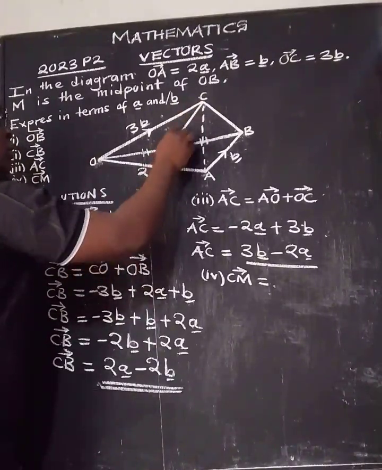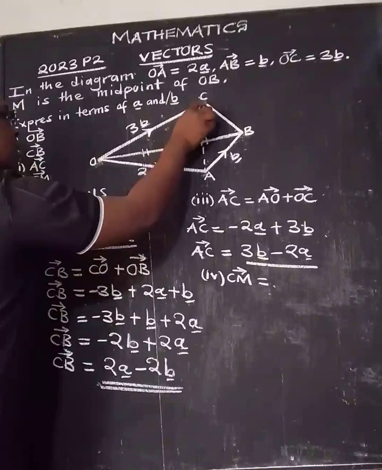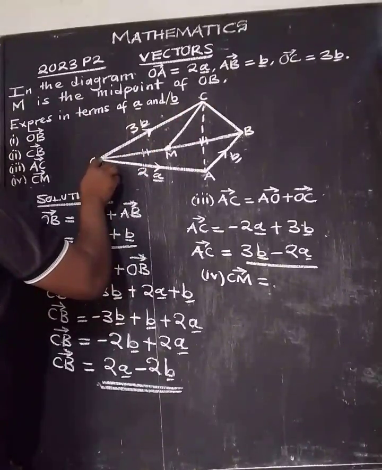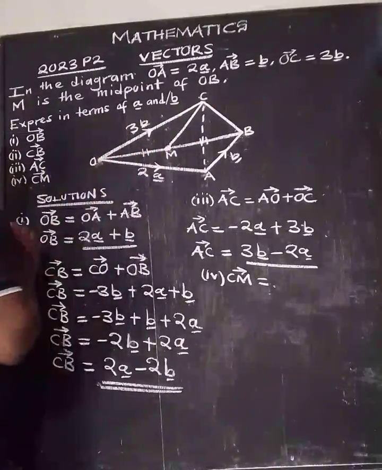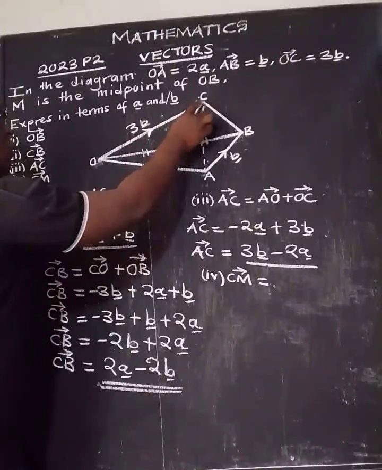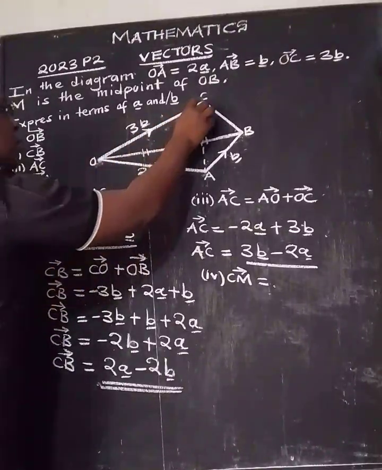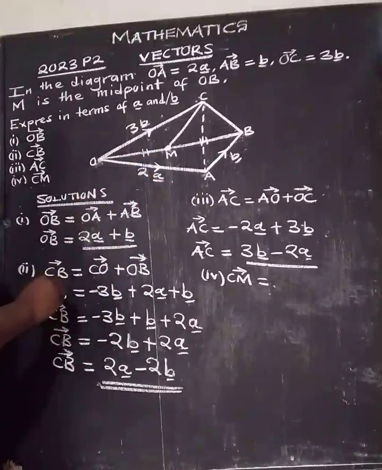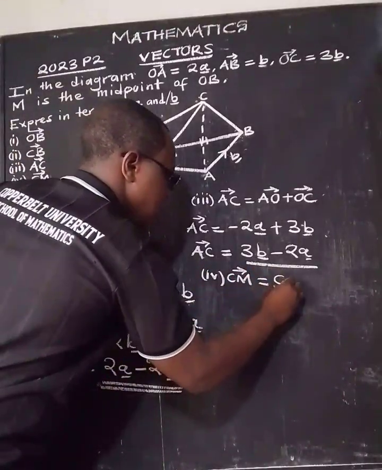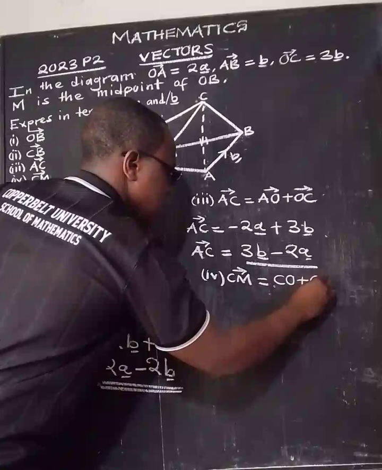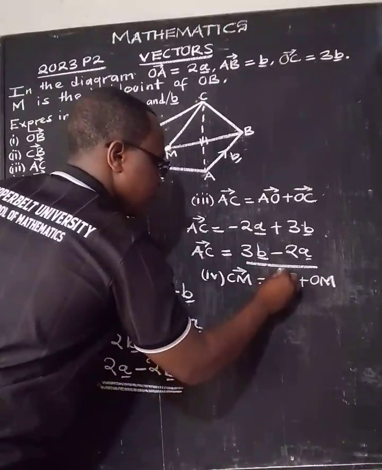Okay. So CM can move like this: CO plus OM. Okay, so we say CO plus OM.